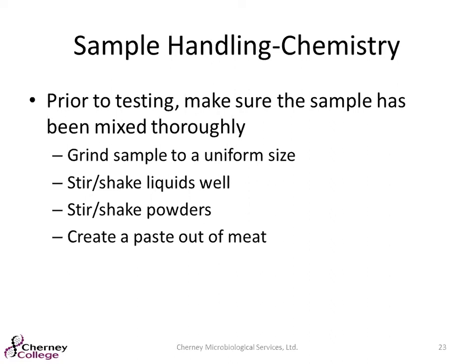If you're testing for chemistry any sort of milk or cream or ice cream or anything to that nature, make sure that those layers don't separate. So whether you have to keep it in the water bath, make sure that you shake it right before you pipette out of it. Stir and shake those powders. Again, if it's a composite, make sure you have a proper container size or transfer it to a different size so that you really can shake it. And then create a paste out of meat if you are testing something like that.